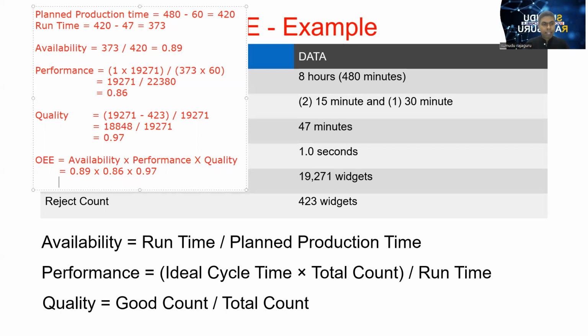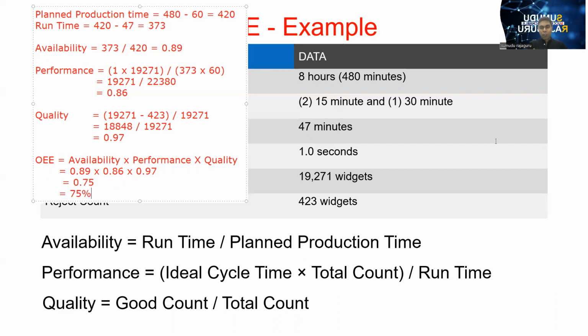Please calculate 0.89 into 0.86 into 0.97. So the final answer is 0.75. That is, OEE equals 75%. That is the calculation. So it is also very easy. I think now you can calculate OEE through the complex model also.